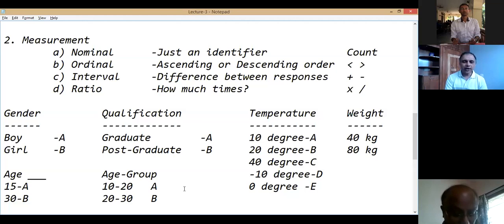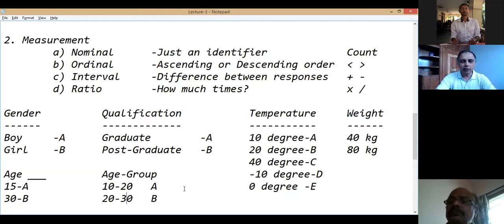Friends, whatever way you ask the question will make the entire difference. So if I relate it with the type of question once again, please look at open-ended quantitative questions; that is called ratio measurement.